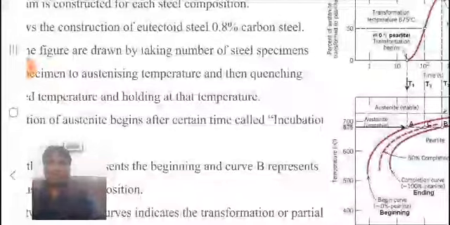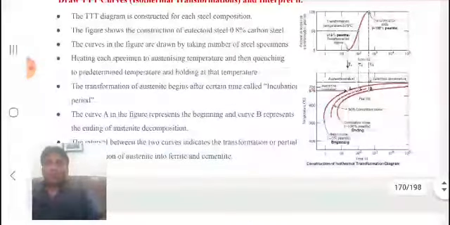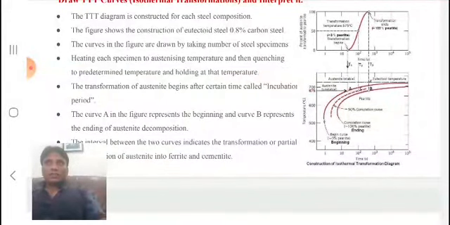So this is for eutectoid steel, and once the transformation of austenite begins, the entire transformation completes unless it is interrupted.